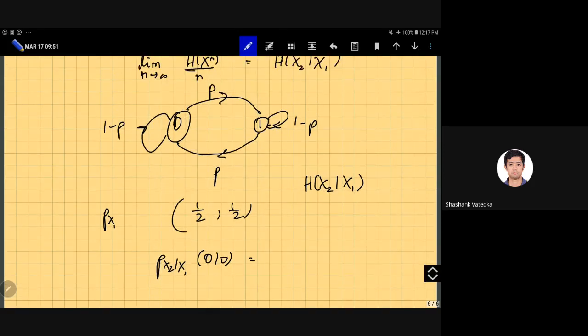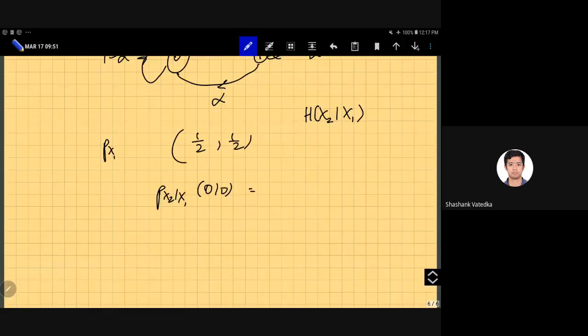Maybe if I'm confusing you with the notation, let us call this alpha. All right, so P of X2 given X1 of 1 given 1 is 1 minus alpha.